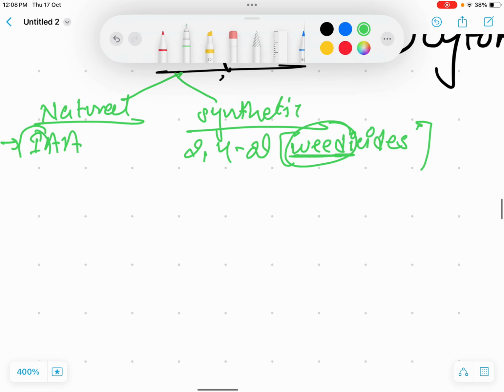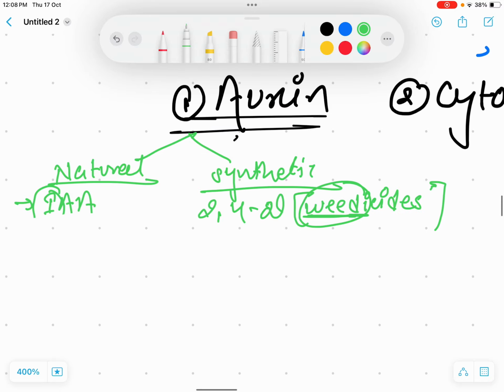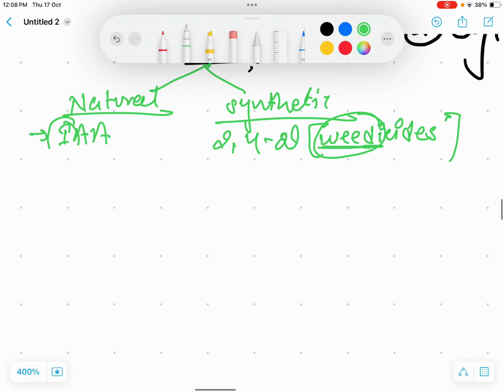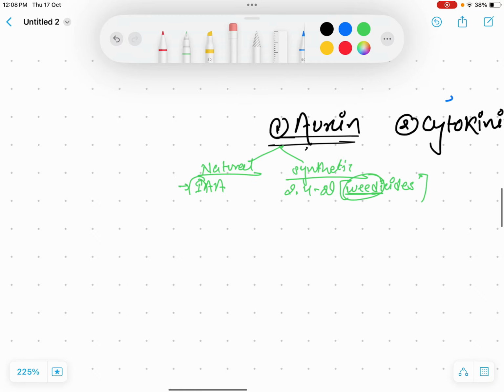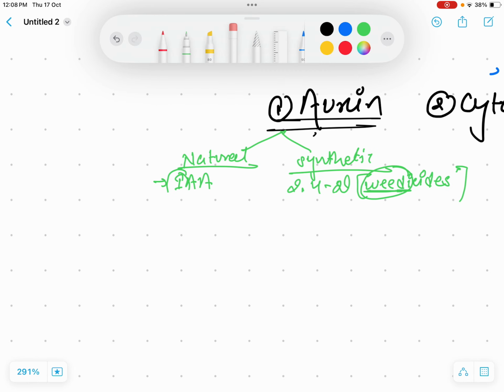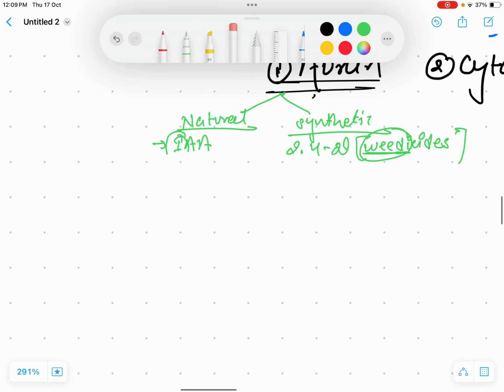Weeds are also grasses, which are harmful to other plants. So 2,4-D is a weedicide and also a synthetic auxin. There is also NAA, naphthalene acetic acid, but you don't need to remember this. Just remember these two auxins: natural IAA, indole acetic acid, and synthetic 2,4-D, also known as a weedicide.